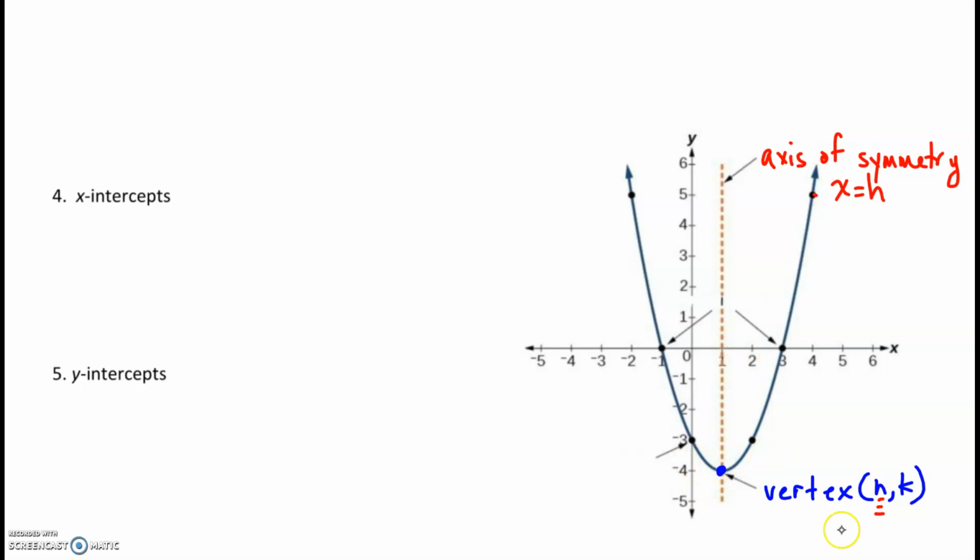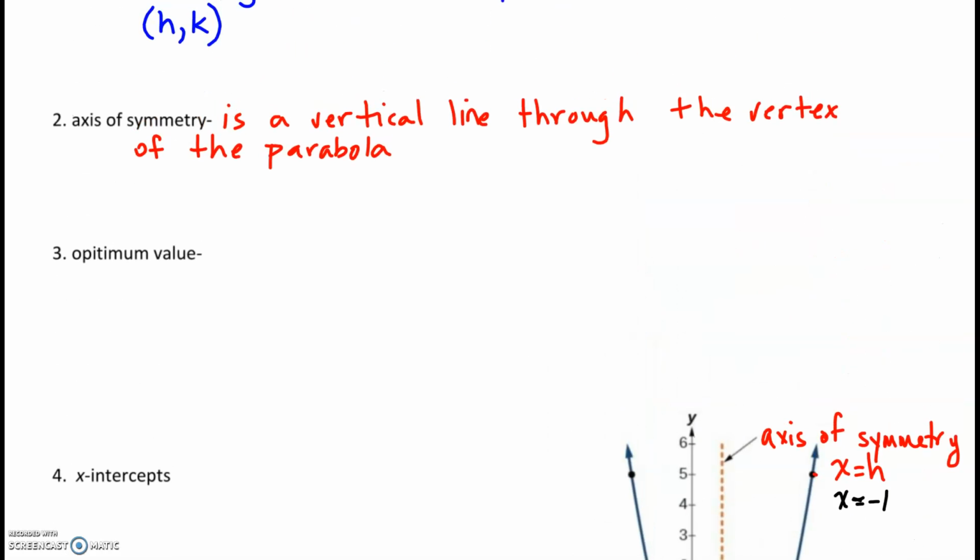So this vertex would be 1, -4 in this case. I'll put it in a different color so we know this is the example. So we know it's 1, -4. And then for the axis of symmetry, it's going to be x equals -1. And you always write it in the form of a vertical line. So let's go ahead and put that underneath. We know that it's going to be x equals h, which is the x value of the vertex.